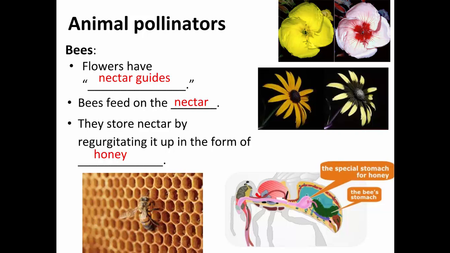So people keep bees like that, sometimes for producing honey, but some people also provide bees to farms and orchards. Many of the foods that we eat, especially fruits and nuts, like an apple, won't form unless the flower it originated from was pollinated. And it's bees that pollinate those apple flowers. There are people that have hundreds and hundreds of beehives.